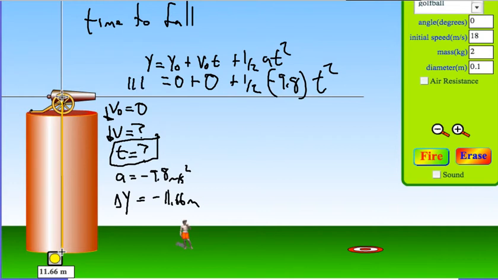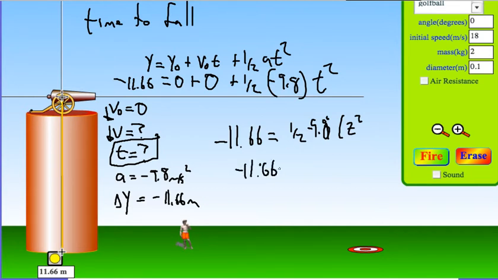This is negative 11.66, that comes from the height, but it's falling down, equals 1/2 negative 9.8 times t squared. Negative 11.66 equals negative 4.9 times t squared.